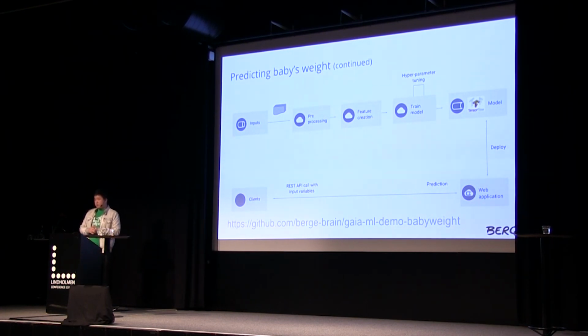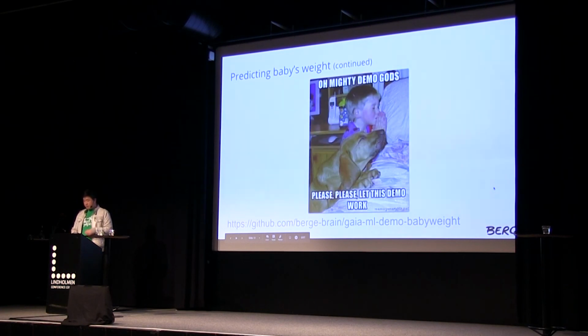Inputs come from BigQuery, pre-processing happens in Dataflow, and Dataflow is just another name for what's called Apache Beam. Feature creation will be done in TensorFlow as well as with the training model. Once the model is trained, we're going to pull it into the web application. All right, so let's hope this is going to work.